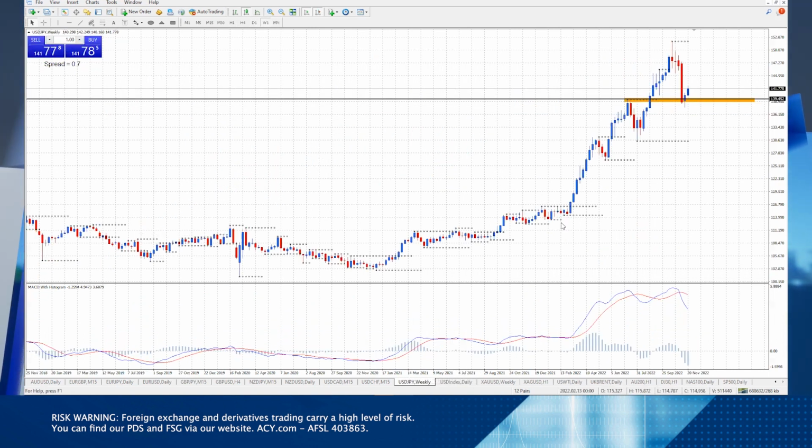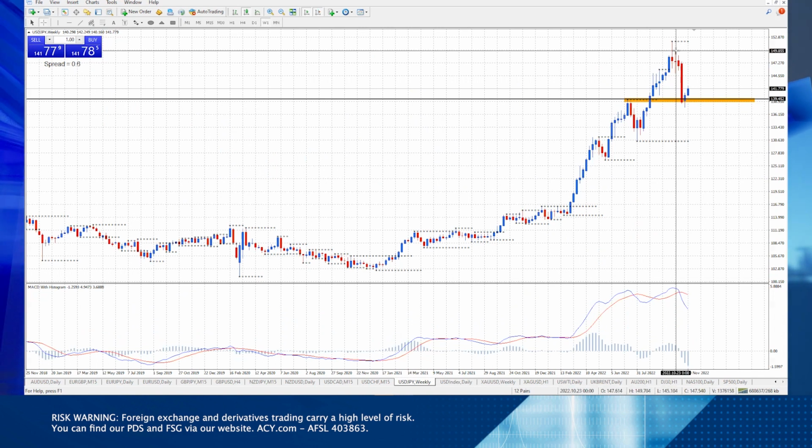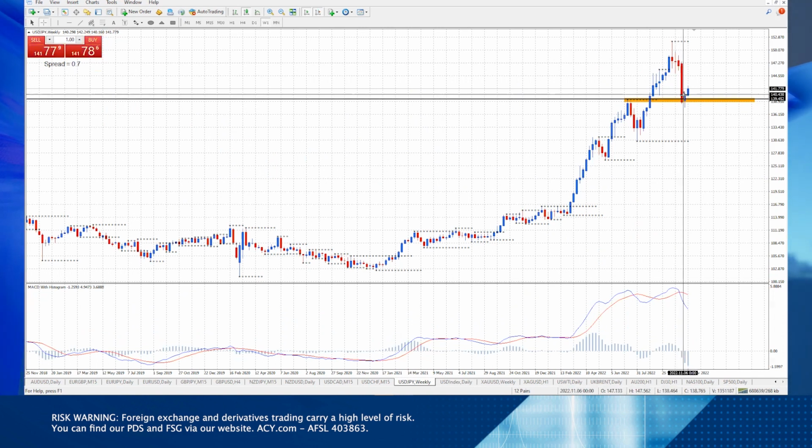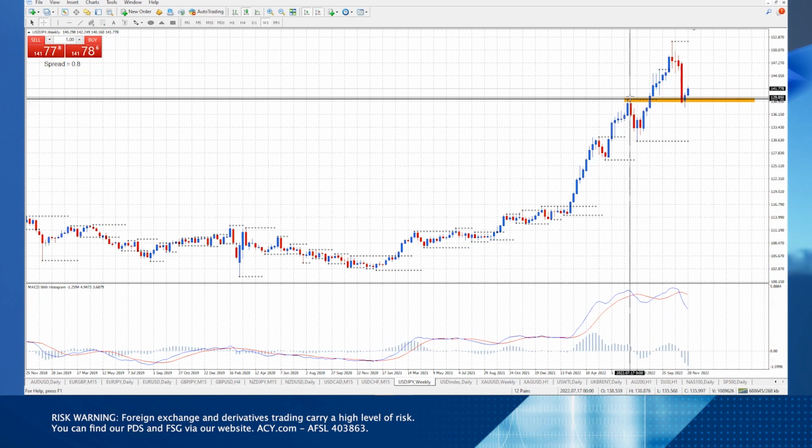The difference is the dollar is in an uptrend here, and we had this big correction week. So we were looking to see if price was going to change the price structure by breaking below this major resistance level at 139.45. So as we saw, it tried to get below, but at the end of the week, it ended up holding above.